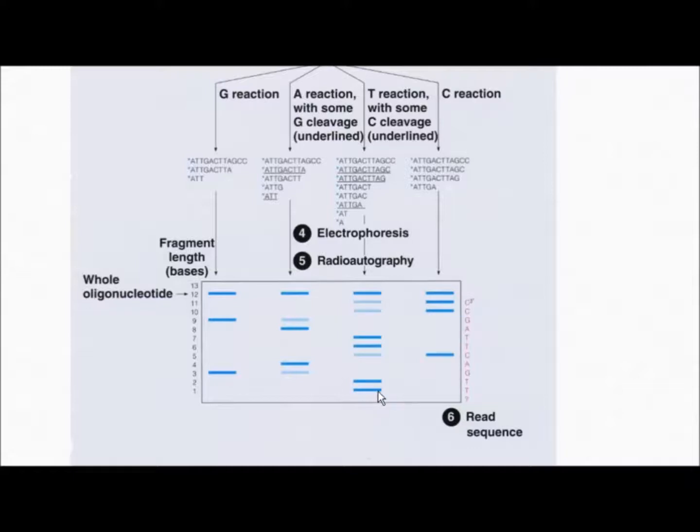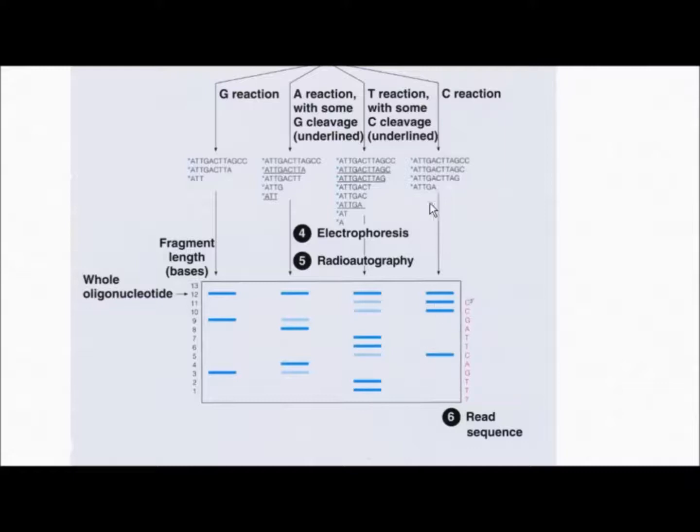And then you have an A, and then you have an AT. But you know specifically where the breaks occur here, so you know that there is an A and it's attached to a T, so you know there's an AT fragment.